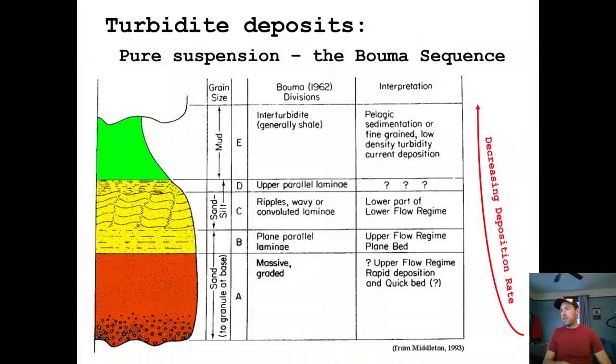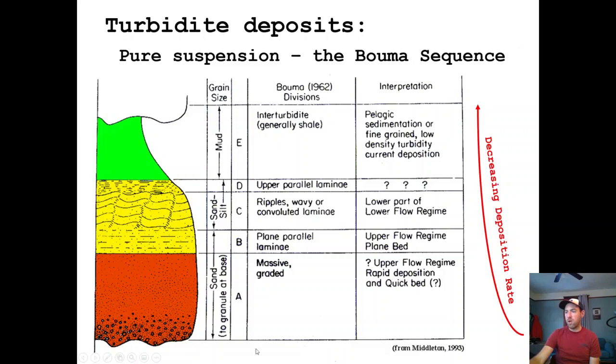So a turbidite deposit has this classic sequence to it as you go up section that is the response to these changes in depositional velocity, if you will, or shear stress within the current. And you get what's referred to as the Bouma sequence.